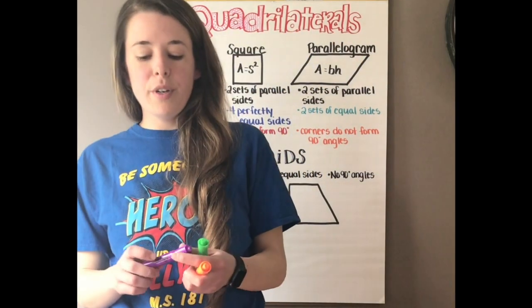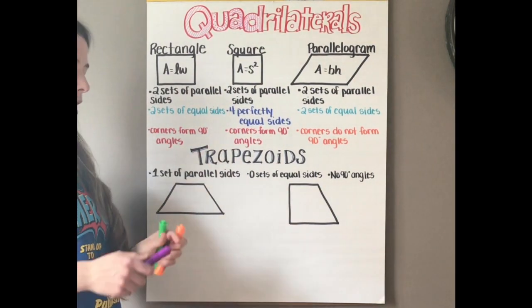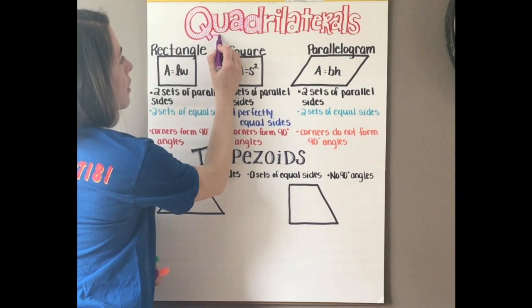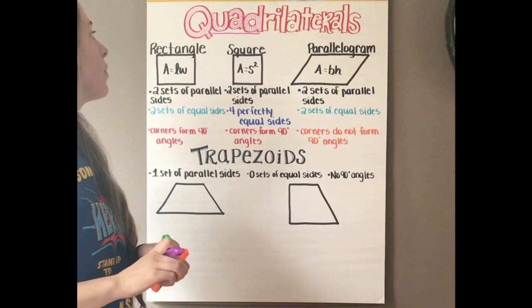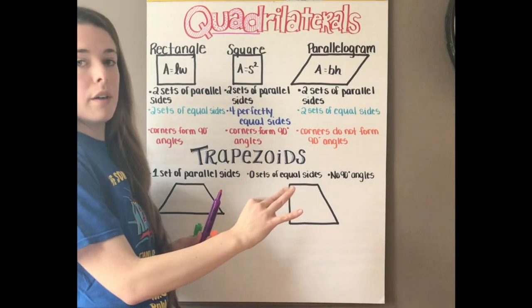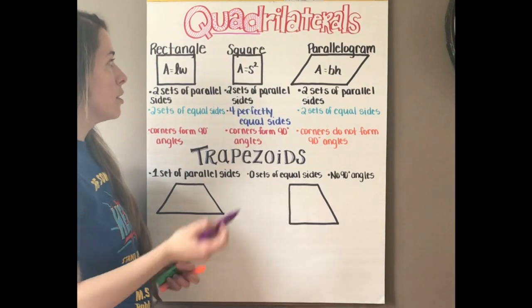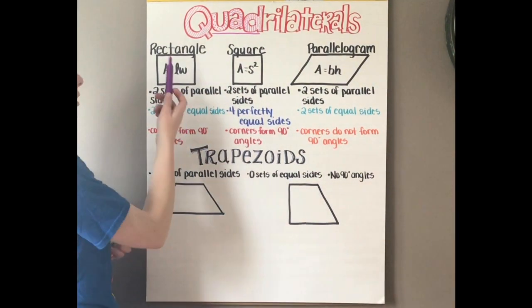Hey guys, we're going to look at some quadrilaterals. The word quad here is colored in a little funky to make it jump out a bit. The word quad means four. So a quadrilateral is a shape with four sides. Some examples that we've already calculated the area of is a rectangle.